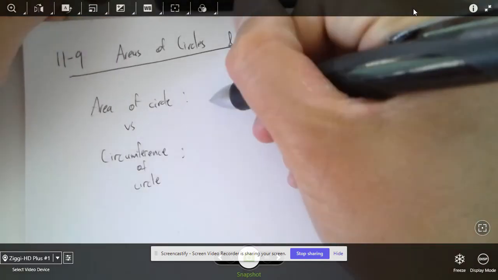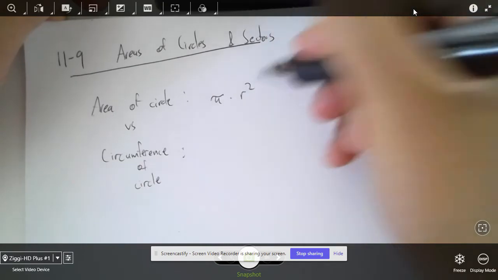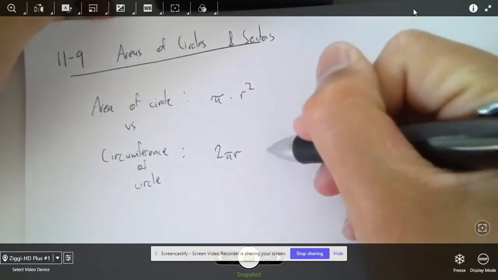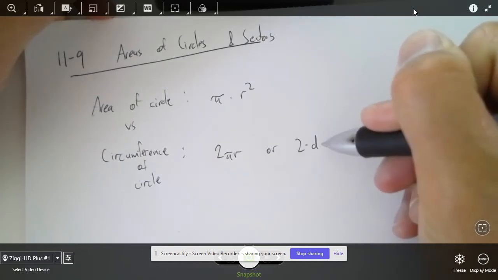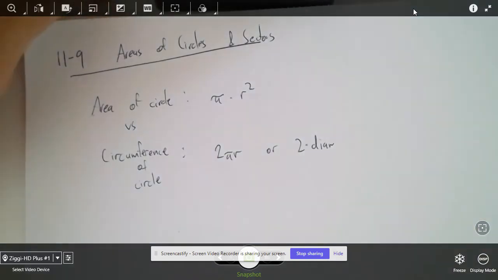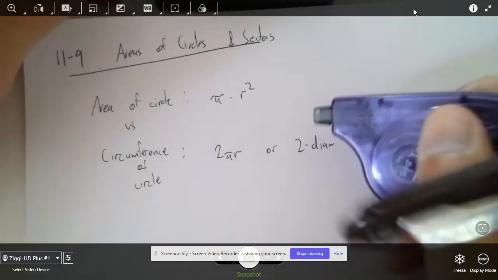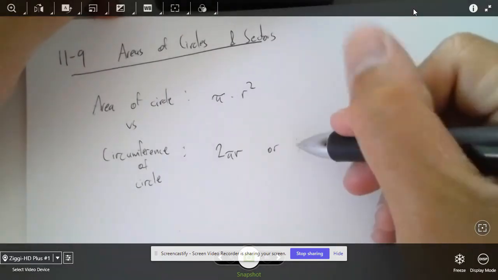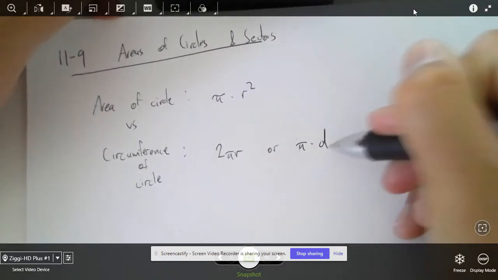I think you've learned previously it's pi times r squared, and this is 2 pi r, or pi times the diameter. Sorry about that.